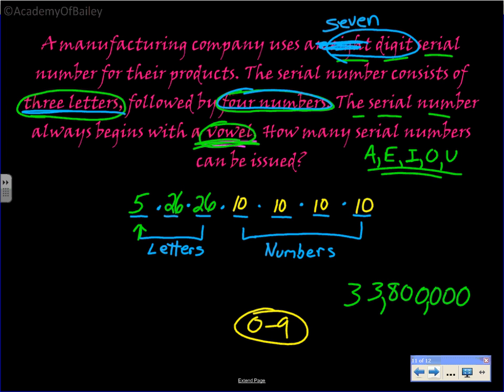Yep, there we go. That would be 33,800,000 different numbers that they could be issuing. So that means if they manufacture a product, they can manufacture 33,800,000 of the same product and still issue a different serial number for each item. That's with a 7-digit serial number, following the stipulations that the first letter is a vowel.